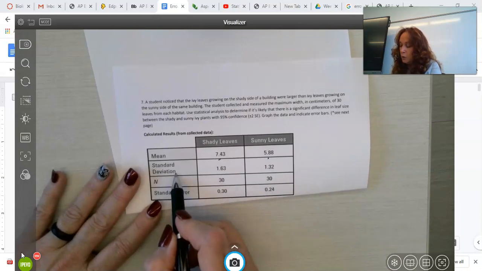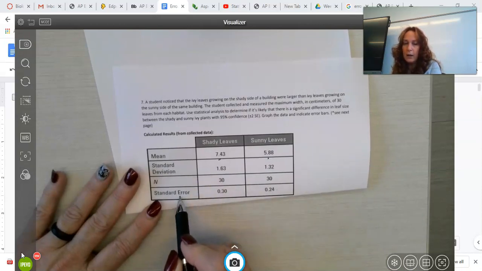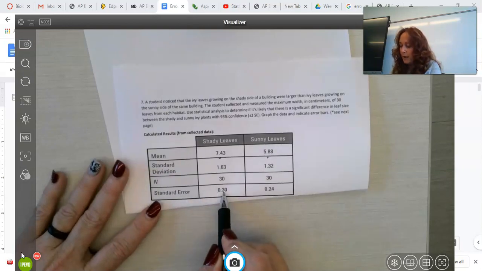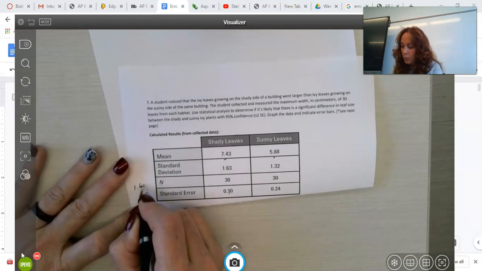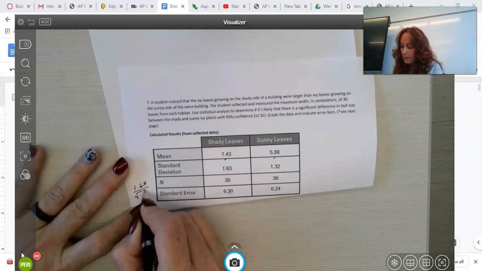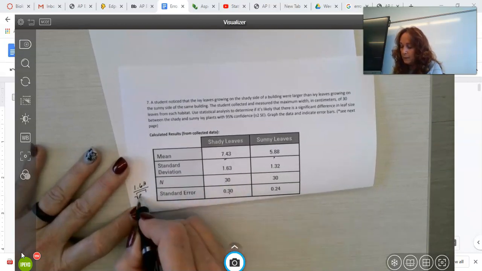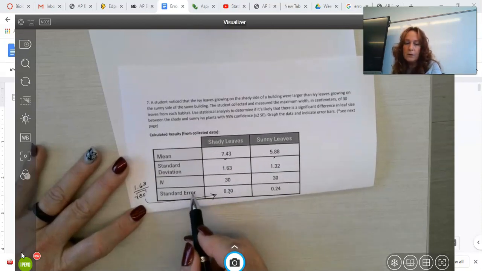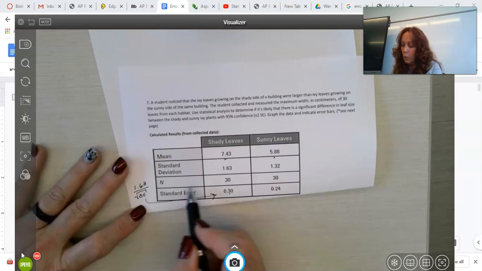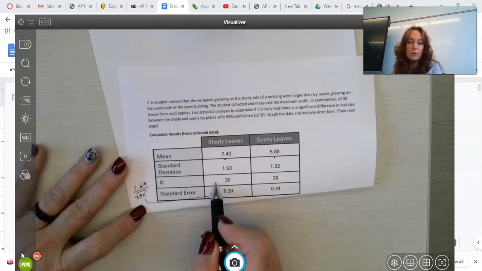And you use standard deviation to find standard error. So to find this number, all he did was take his 1.63 and divide it by the square root of n, and that gives you this number. So standard error gets to be super tiny the more leaves that he measures.